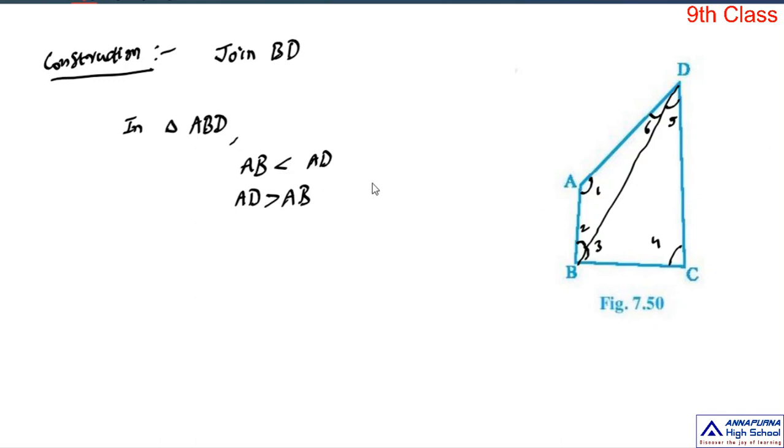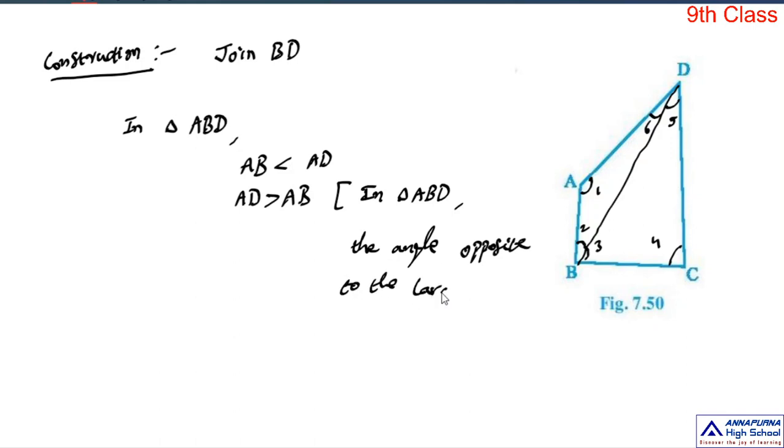Now applying one important property in a triangle. In triangle ABD, the angle opposite to the larger side is larger.